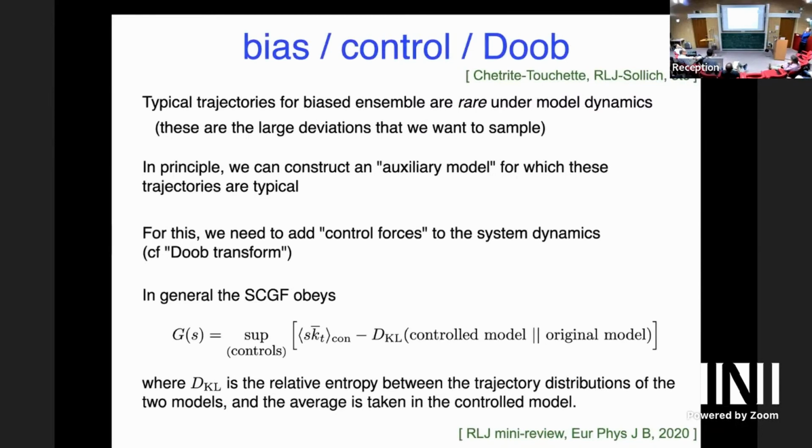And then you want to have unusual values in k-bar, and you can get your SCGF, which remember is the generating function that you want, by just taking the best possible control. As a canonical ensemble instead of microcanonical, there's also a reformulation as a search over control forces which make the system do what you want.